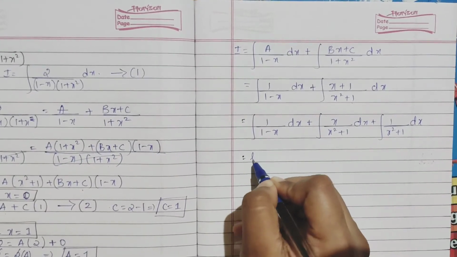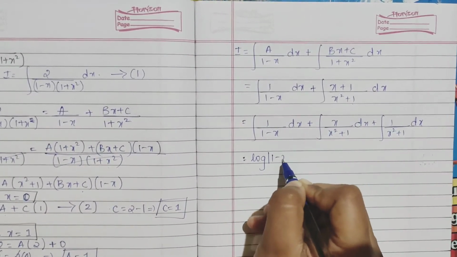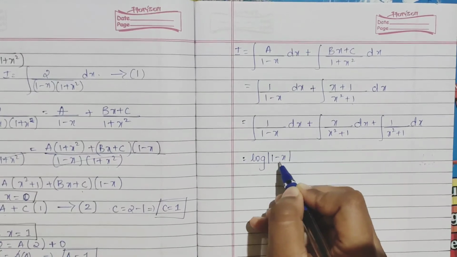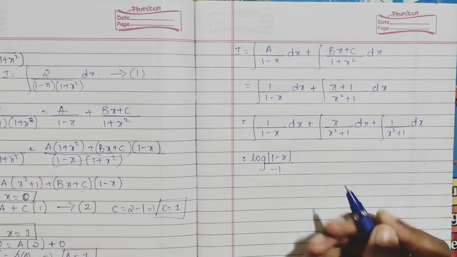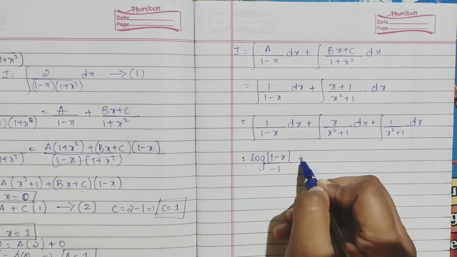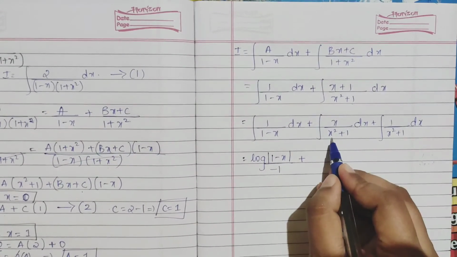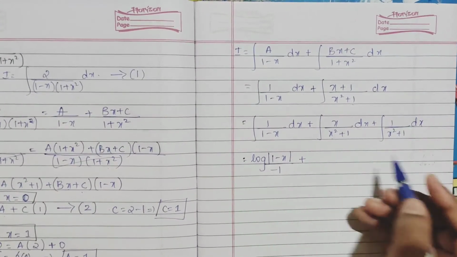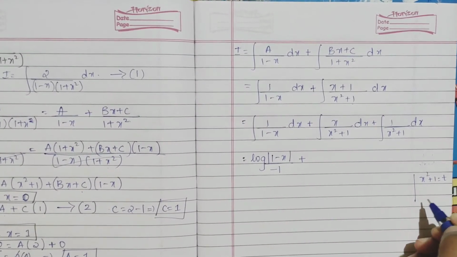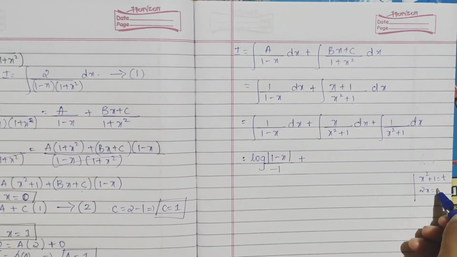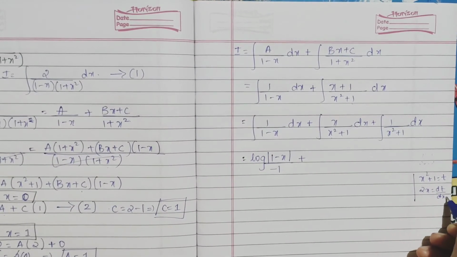So this integration is what: log mod 1 minus x, and you can see the differentiation of minus x is minus 1, which will come in the denominator, plus here you have to use the substitution method. See, if you take x square plus 1 as your t, differentiating this gives 2x, so dt by dx is 2x.